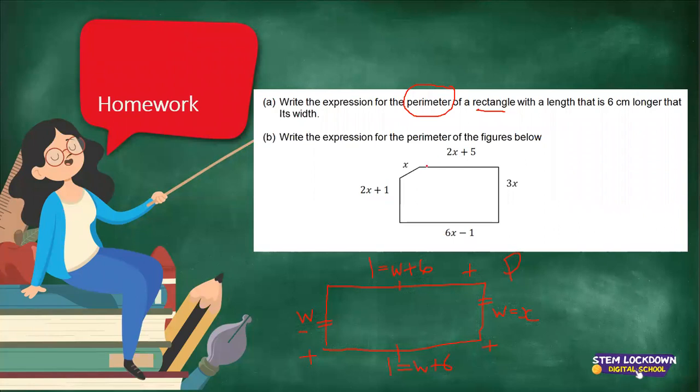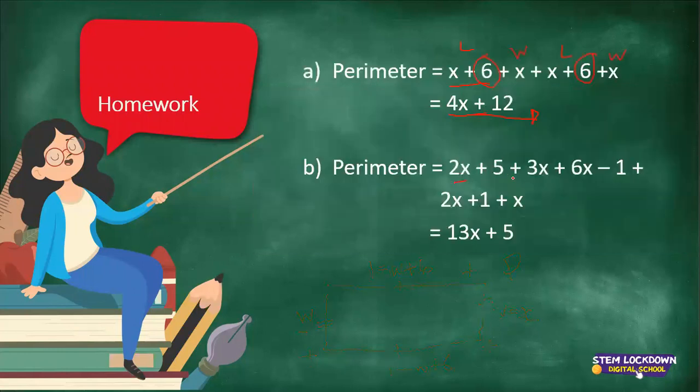So add this length, plus this length, plus that length, plus that length, and lastly, plus this length. This will give us our perimeter. So the answer that I was looking for, here I've added my sides. My answer is 13x.